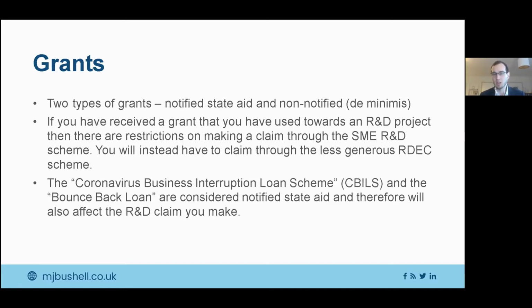You might have to make a claim through the RDEC scheme. So if that does apply to you, feel free to reach out and we can discuss that with you in more detail and let you know how that will affect you.